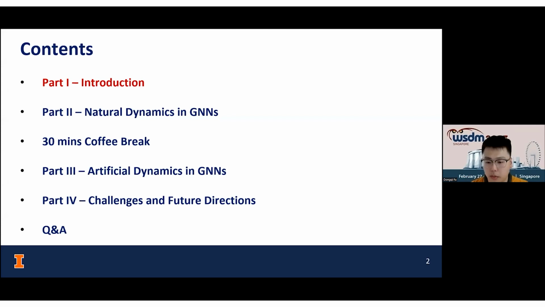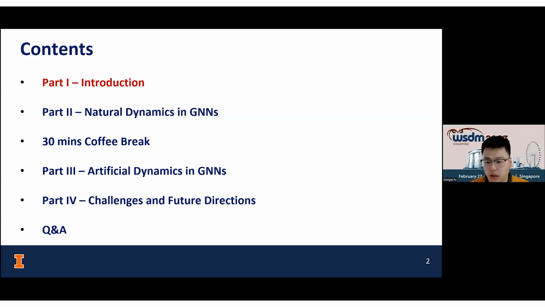First, we will present the introduction part of this tutorial, where we will briefly introduce some background knowledge about graph neural networks, the definition of natural and artificial dynamics, also with the motivations about why we want to give this tutorial about natural and artificial dynamics in graph neural networks.